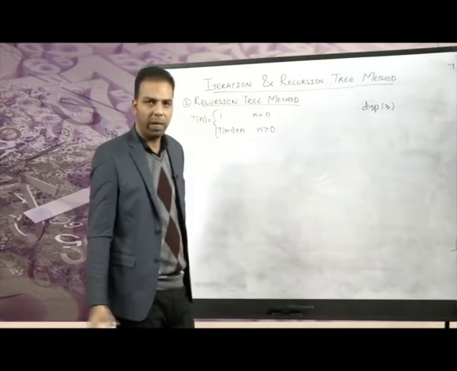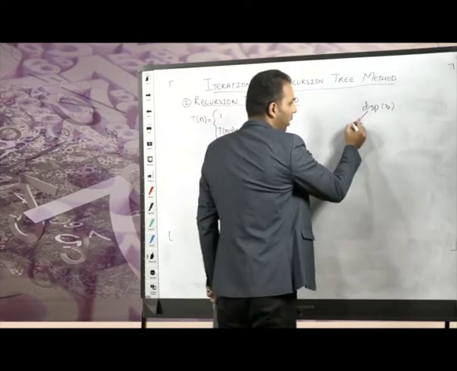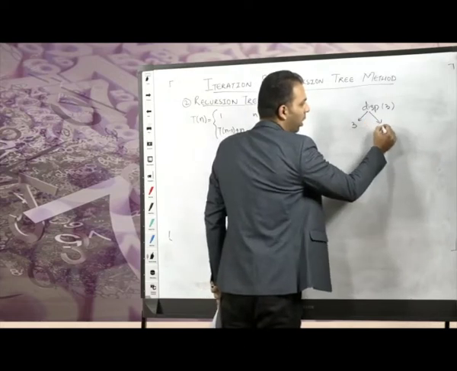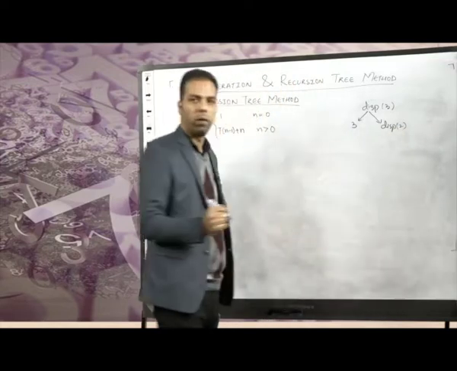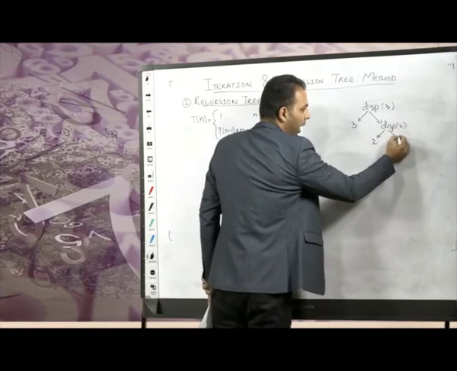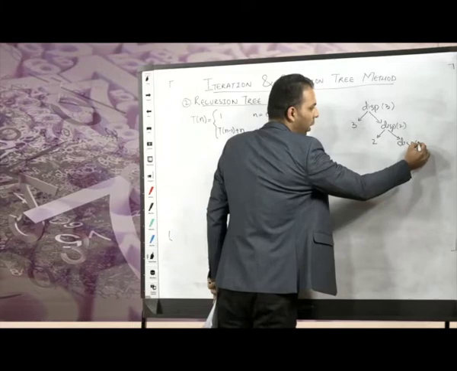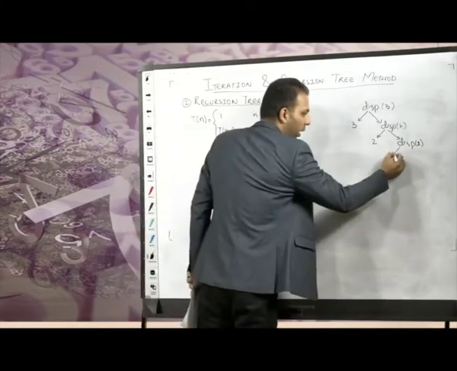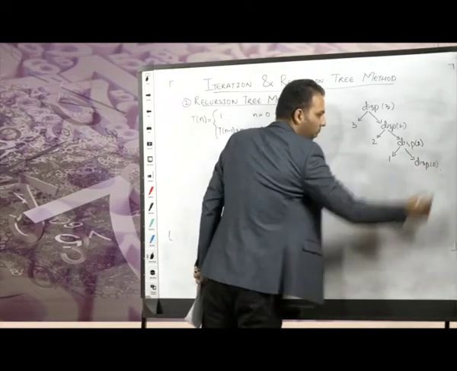Once we call display 3, it will display 3, plus it will call display 3 minus 1, that is display 2. At 2, it will display 2, and at the same time, it will call display 2 minus 1, that is 1. Here it will display 1, and it will call display 0.